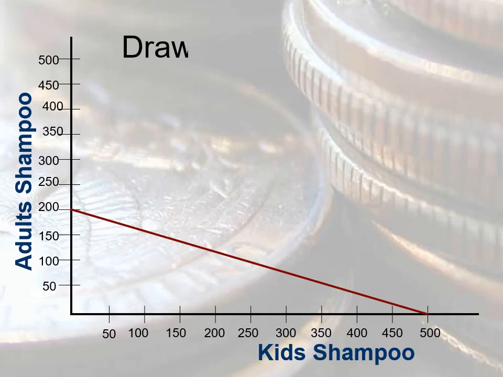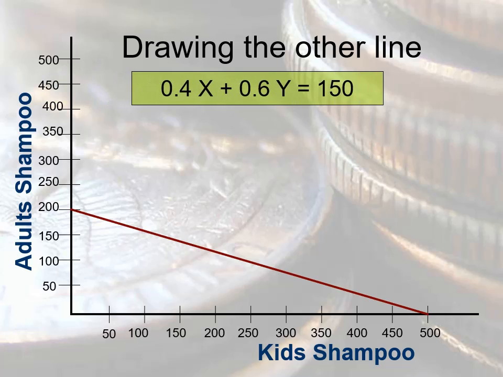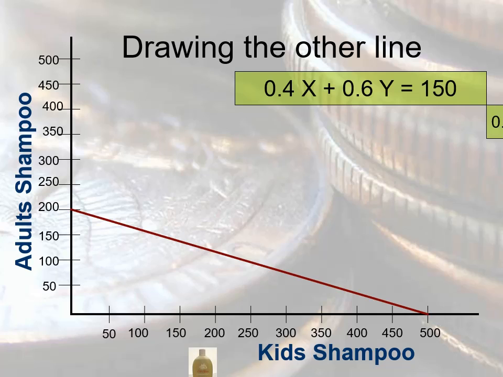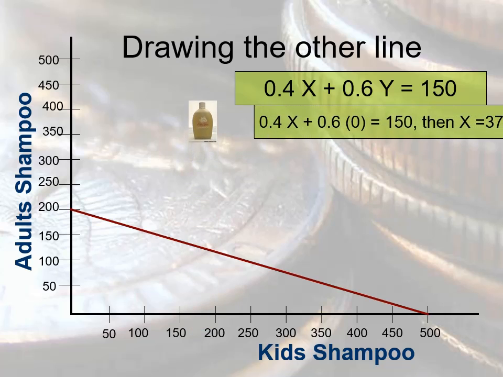Under the second constraint, we will call back our equation of 0.4x plus 0.6y equal to 150. So if we assume that we are producing only adult shampoo, y will be 0, so 0.4x plus 0.6 multiplied by 0 equal to 150.